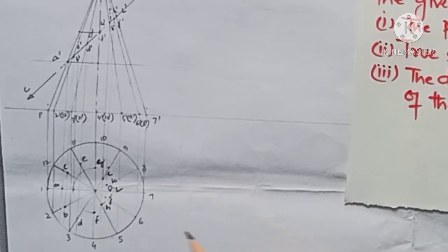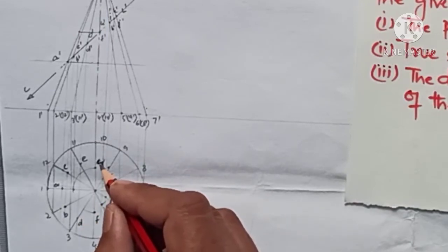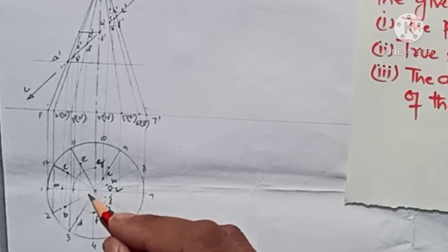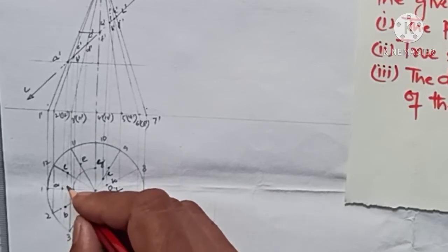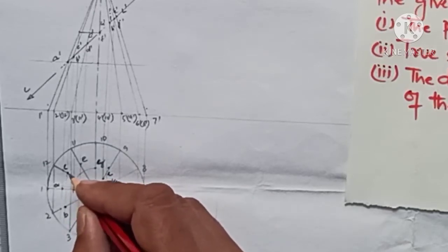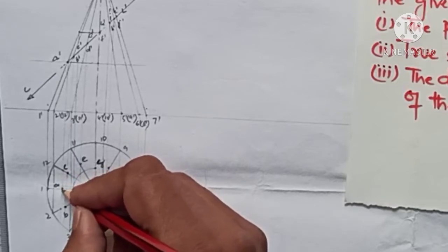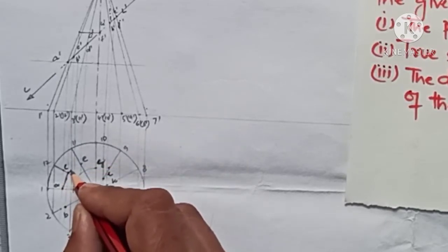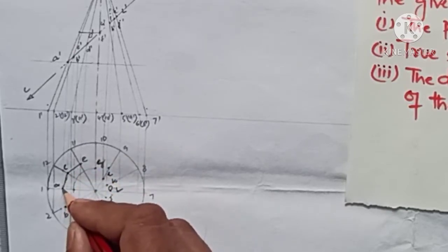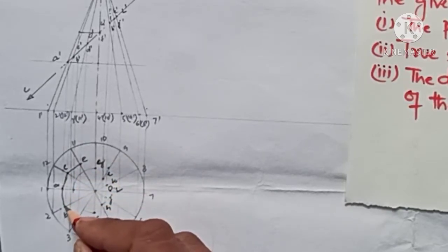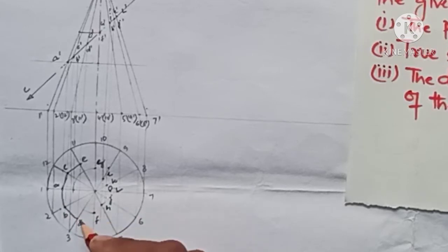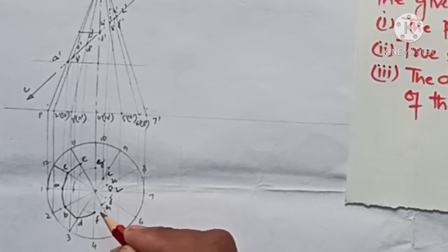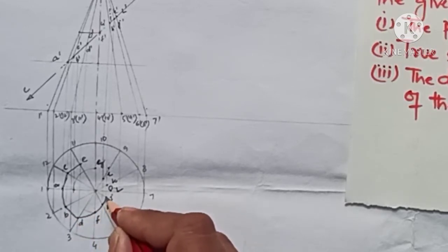Now this is my sectional view, sectional top view rather. So what I need to do, I need to join these points with a freehand sketch. So I will join these with a freehand sketch. So this is what I was looking for.